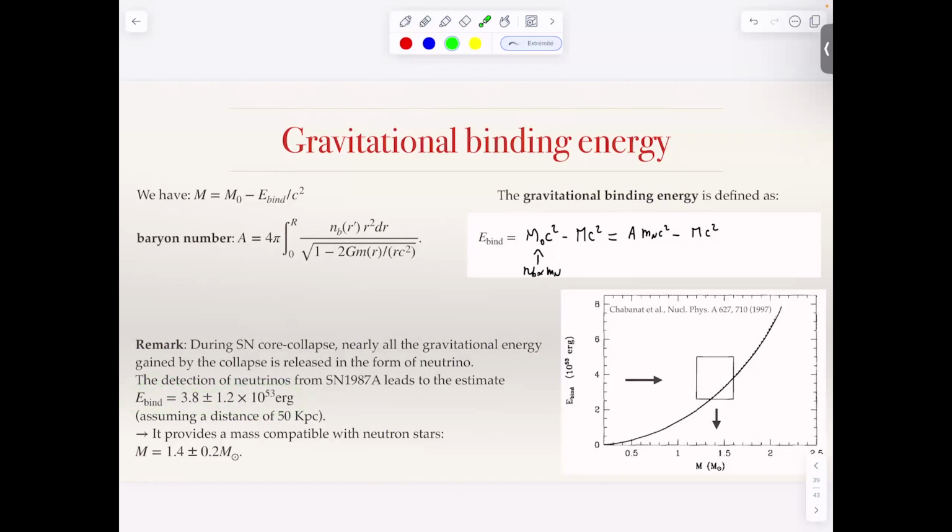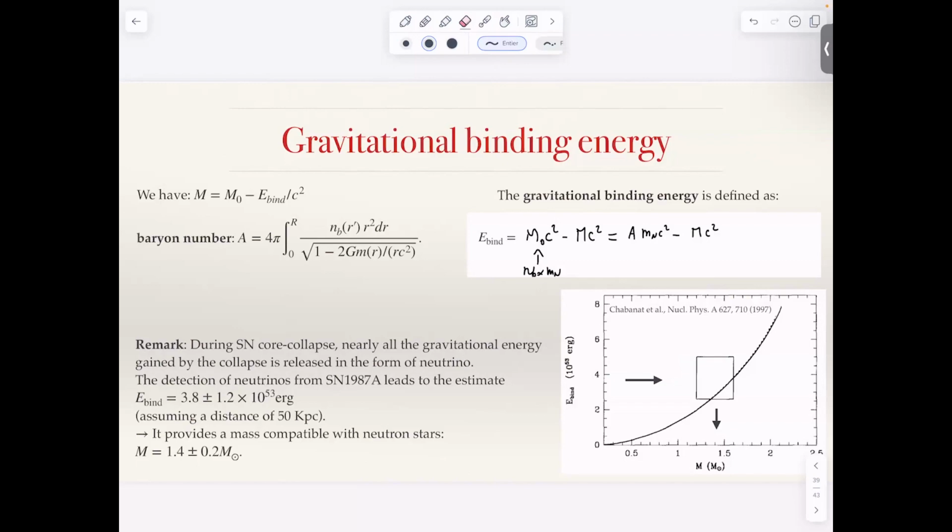This is for a given equation of state; you can compute the binding energy as a function of the mass. You see there are quite large uncertainties, which is the reason why at the end you have a big square. But if you report this measurement like that, you can determine what is the mass of the system that is able to gain such a large amount of binding energy. And you find that neutron stars are possible.